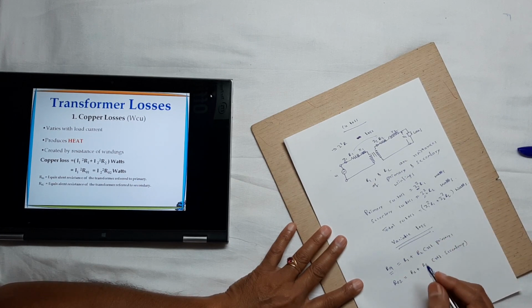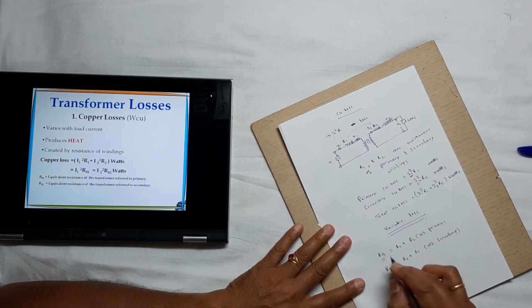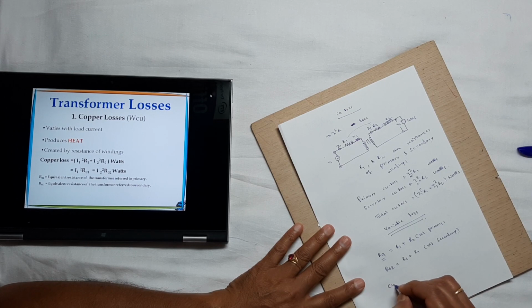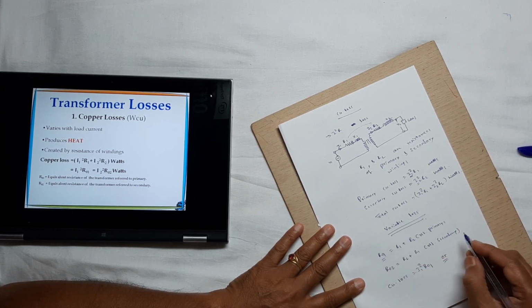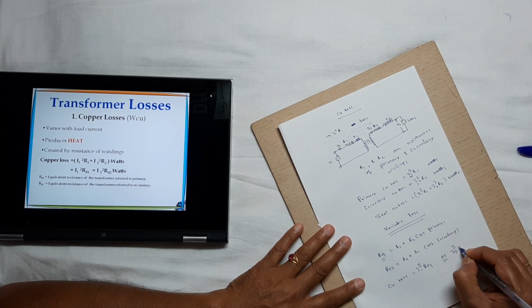In that case, if RO1 is taken as the total resistance, the copper loss is I1 square RO1, or if you are referring to the secondary, it is I2 square RO2.